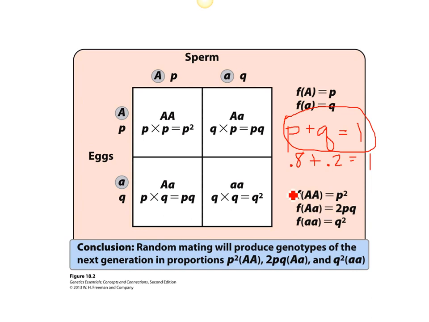And then make sure you know what p squared represents. p squared represents the frequency of homozygous dominant individuals. q squared is the frequency of homozygous recessive individuals. And 2pq is the frequency of heterozygotes. And we used this a little bit when we did our calculations for the CODIS DNA fingerprinting test. You might remember. You might not have even realized that's what we were doing.